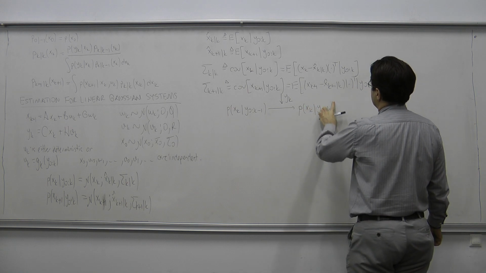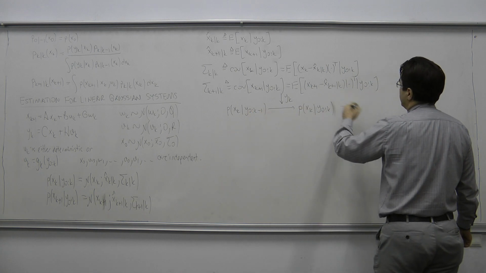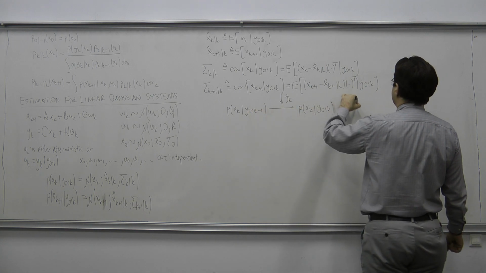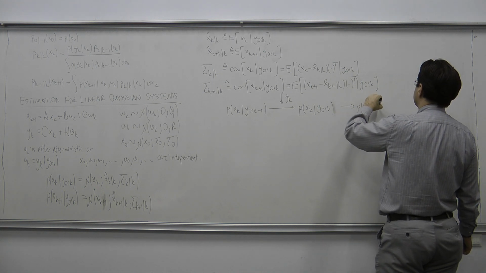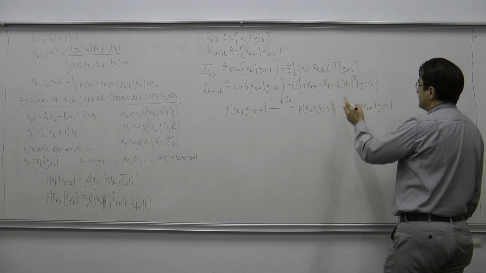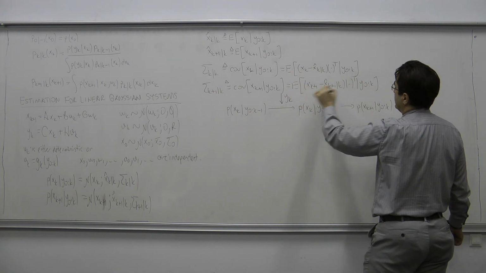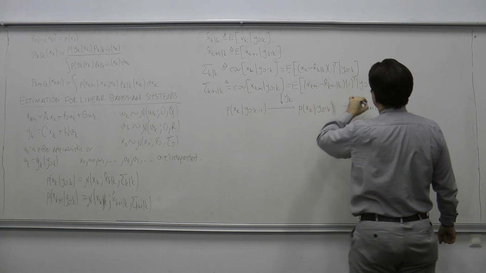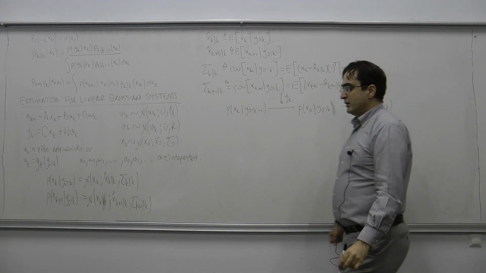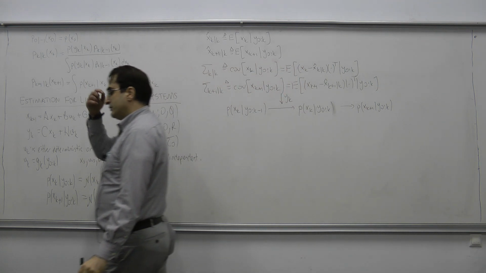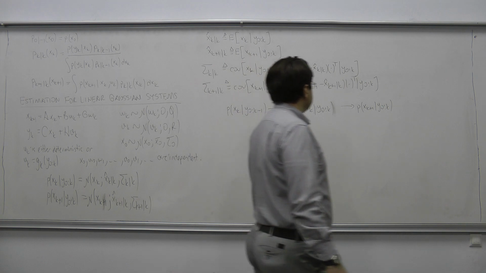This is the filtered distribution, and then I make another time update to calculate the next predicted distribution. So this is our recursion, and I then have a z minus 1 here, and then I connect this side to the other one. So we have a recursion calculating these distributions in an iterative manner.